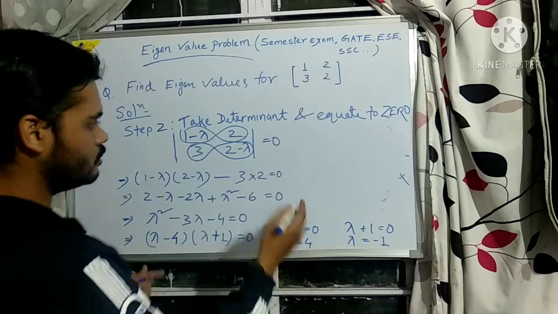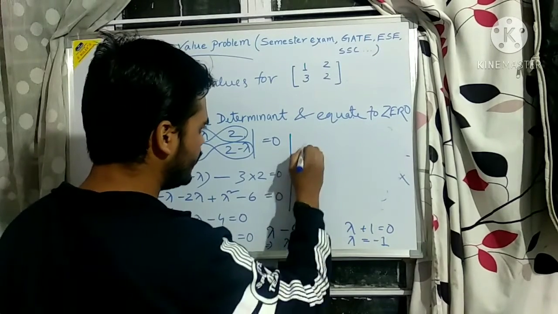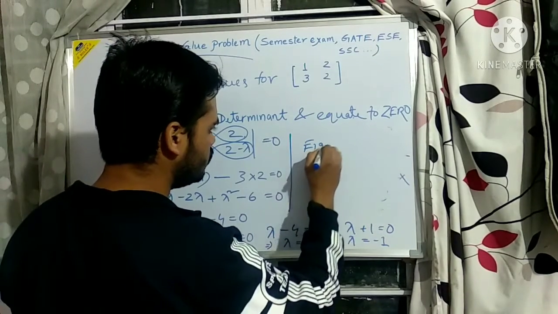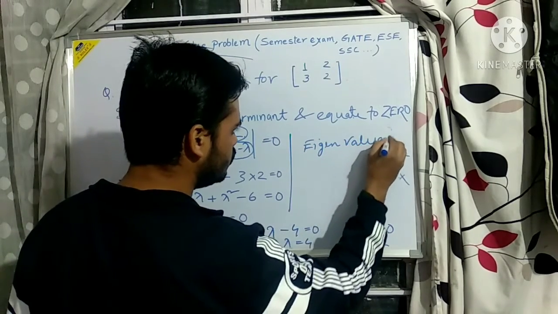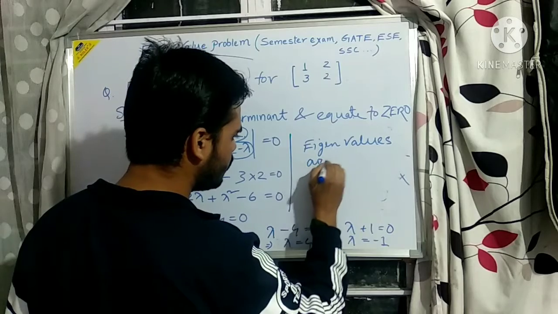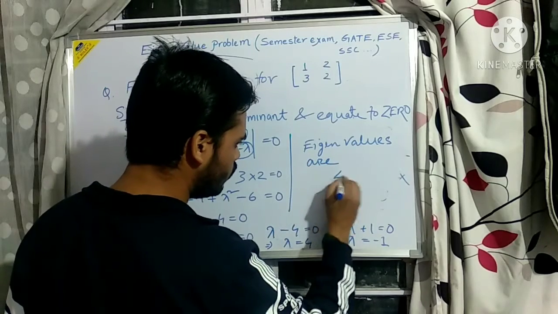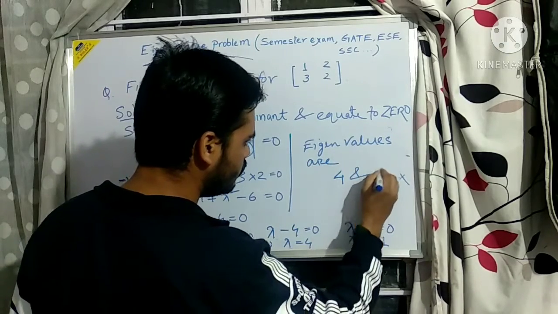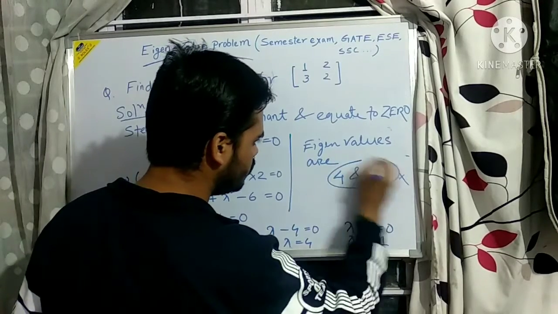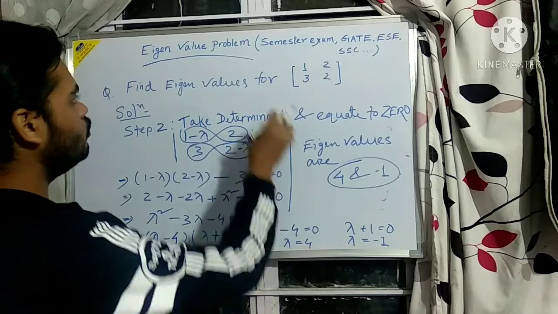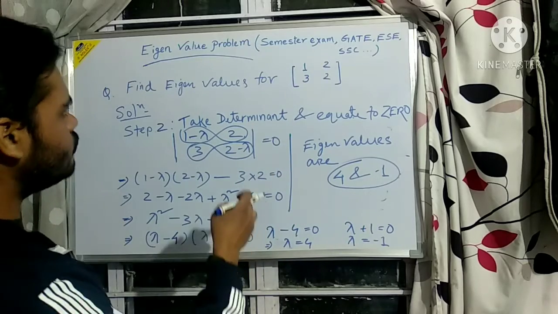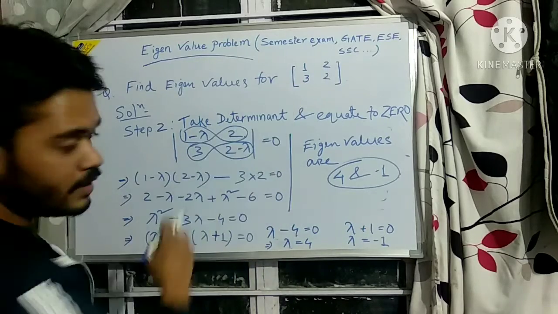So the eigenvalues are what? 4 and minus 1. So this is the solution of the problem. 4 and minus 1 will be the eigenvalues for the given matrix.